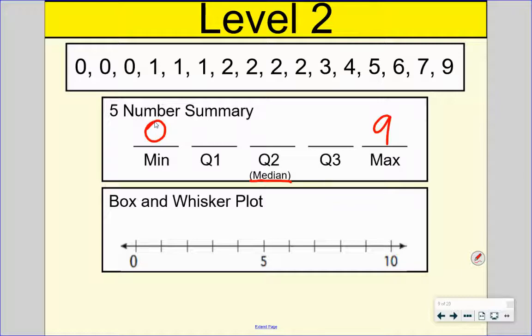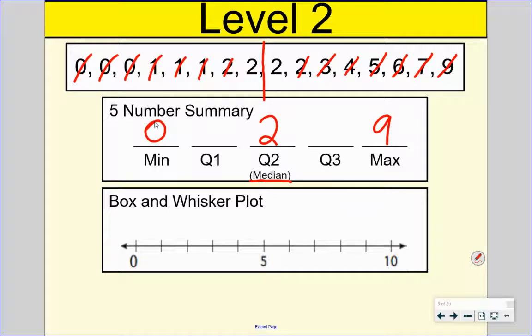But a lot of students just like to kind of work their way to the middle and cross off each of the ends and then work towards the center and come to the center here. Oh, and we ended up with 2 numbers in the center. So our median is the middle of those 2 numbers, but those 2 numbers happen to be the same. So our quartile 2, our median, is 2.